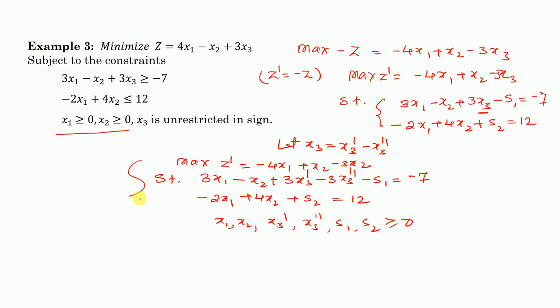So this is in the standard form. So in this way you can convert an unrestricted into a restricted, that is in the form of non-negative restrictions. So I hope that you got the concept of standard form of LPP, and now you can convert a given linear programming problem into its standard form.